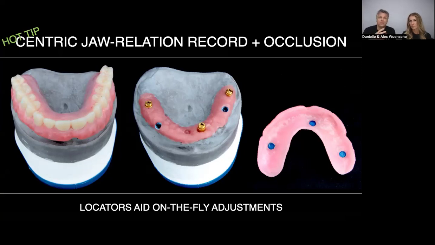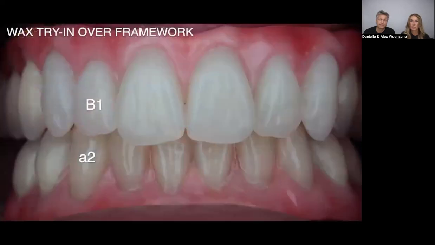That makes it very easy to try in and verify aesthetics without having to screw the whole arch in and out, where the wax gets soft, teeth fall out, and you have a big challenge trying in the case. That's pretty cool. So that was done here. For sure. And you don't have to incorporate every single implant. You can literally just do a couple, which is helpful during the wax try-in so nothing is moving. Just 2 or 3 is enough, right?